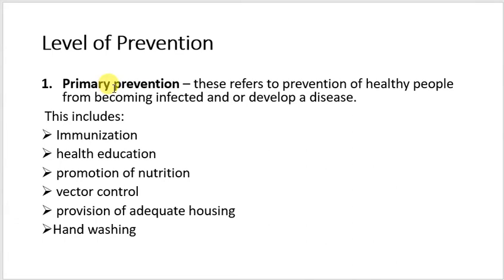In primary prevention, we prevent the host or the person from becoming infected or from developing a disease. So what we do is immunization, health education, promotion of nutrition, vector control, provision of adequate housing, and hand washing.